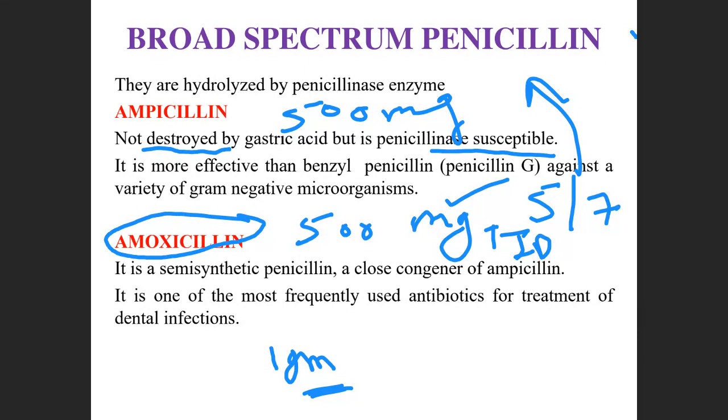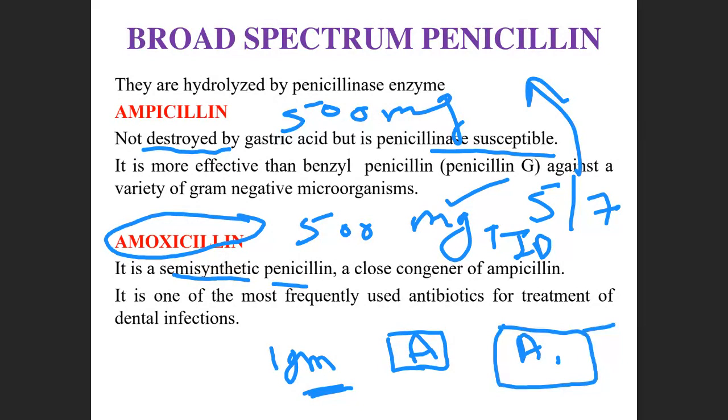Amoxicillin is a semi-synthetic form of penicillin. What do we mean by semi-synthetic? Semi-synthetic means it is a structurally modified drug, a derivative of penicillin. For example, say I have a drug A, and I modify this drug A to A1, and the structure is modified.